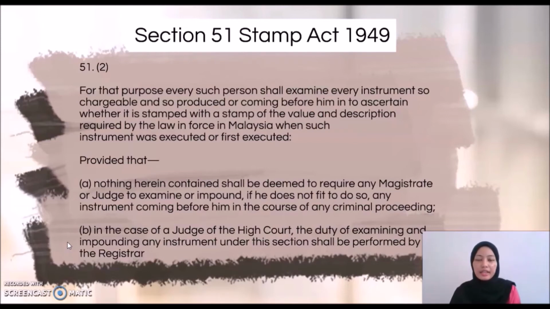And for any instrument which is not stamped, the document holder or the instrument holder shall be penalized for not getting it done beforehand. And lastly, it is also stated that if the document or the instrument is not stamped, it doesn't mean it is invalid as evidence. It's just that the instrument holder shall be penalized.